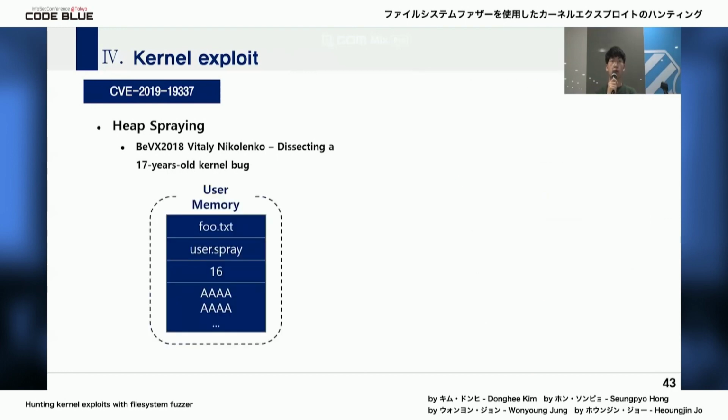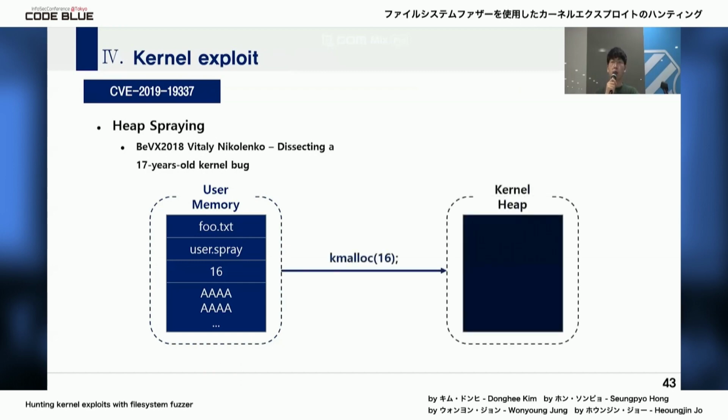Typically, the minimum size of kernel memory allocated by the ZX80TR syscall is 16 bytes, which fits the spraying size we needed.